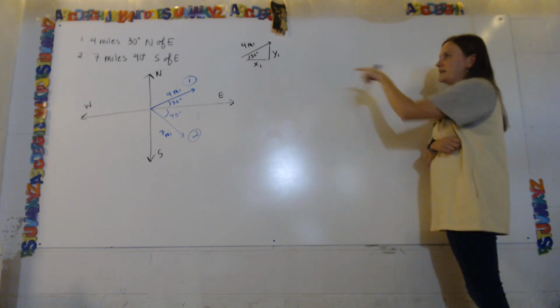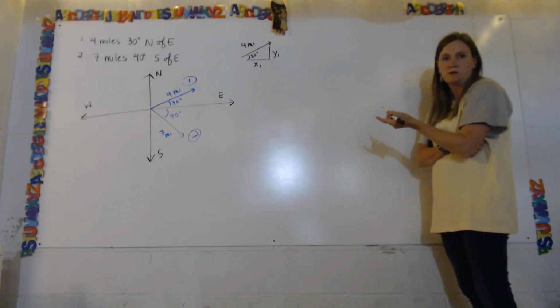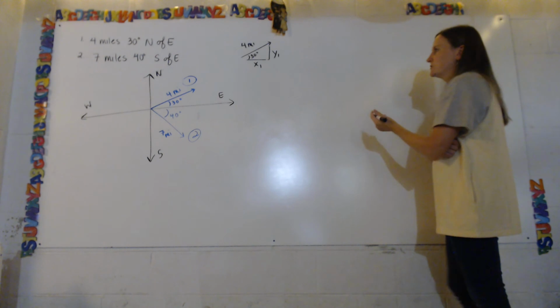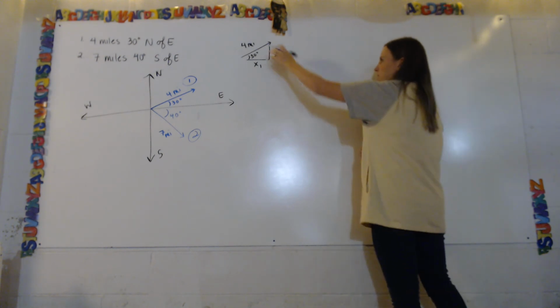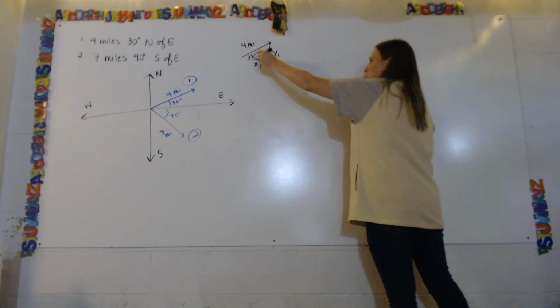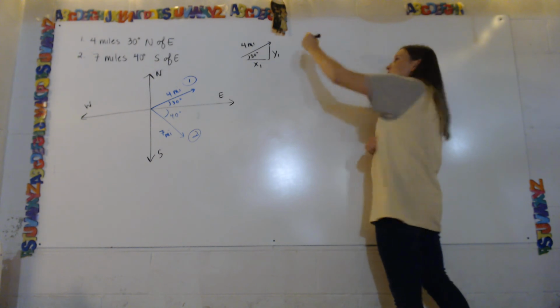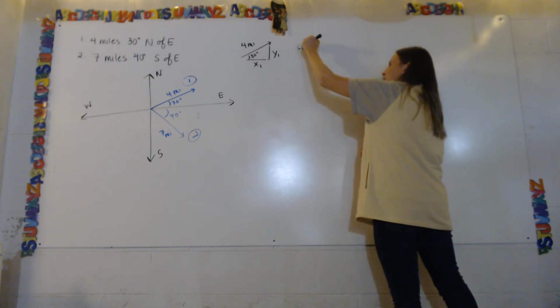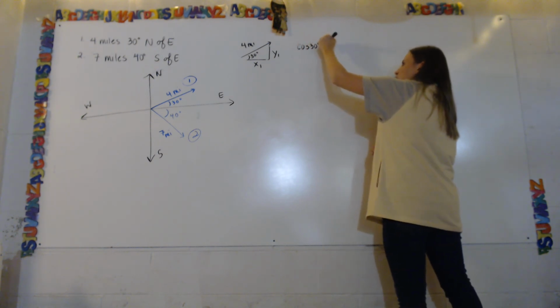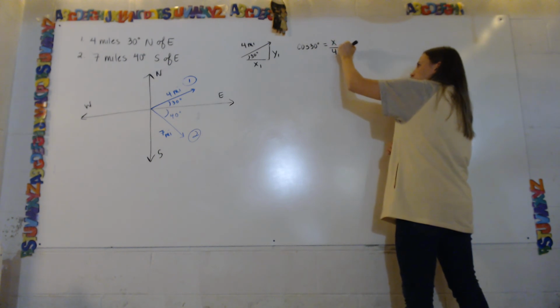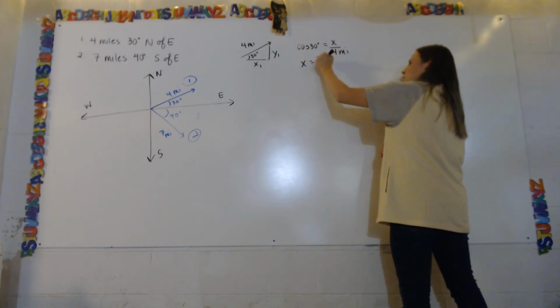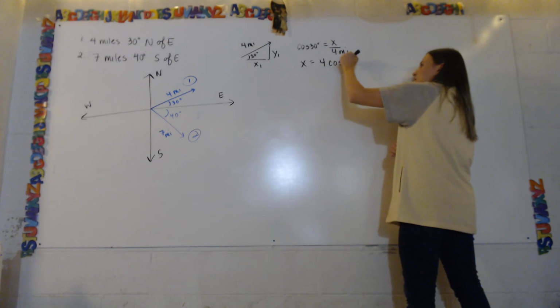Okay, so I'm saying x1 and y1 because this is vector 1. So I'm going to use sine and cosine to find those missing sides. So x is adjacent to the angle in the triangle, so I can say the cosine of 30 degrees is equal to x over 4. So x is equal to 4 times the cosine of 30 degrees.